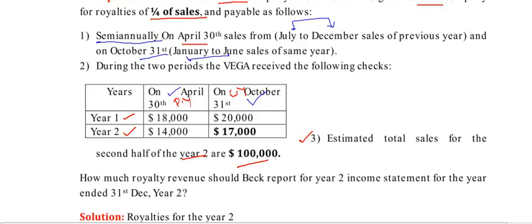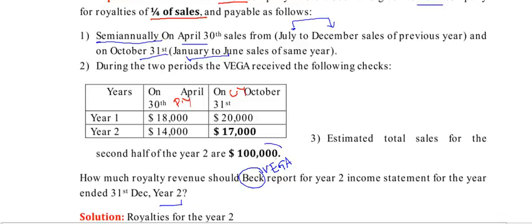So how much royalty revenue should Vega report for year 2 in the income statement for the year ended December 31st, year 2?